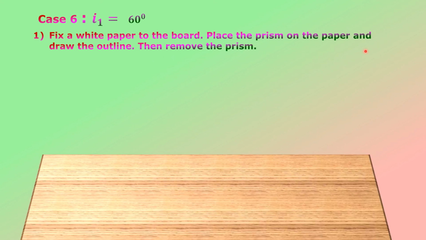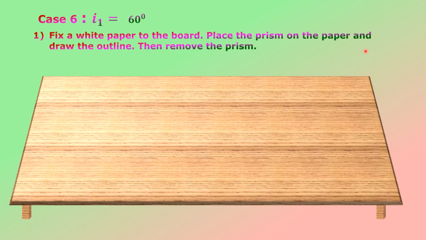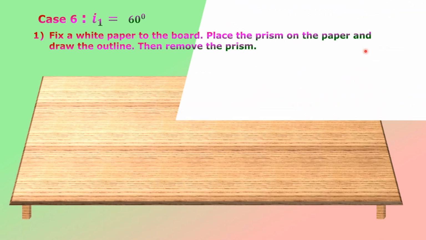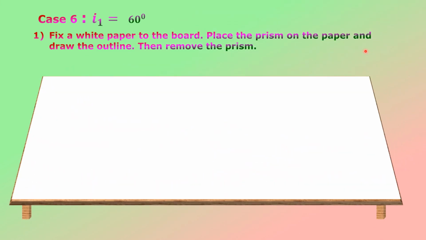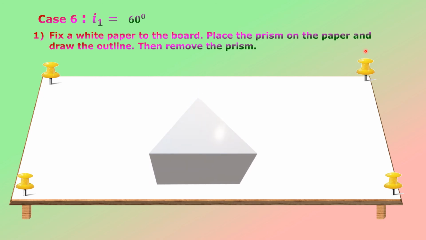So this is the drawing board. Here is the paper I am fixing to the drawing board. Now, let us place the prism in the middle of the sheet.